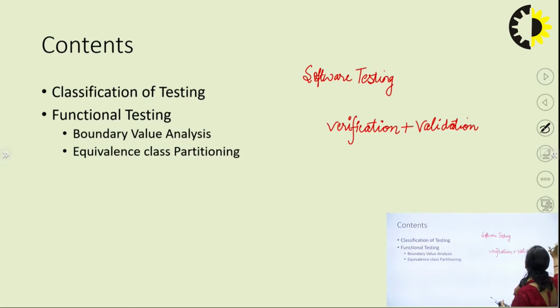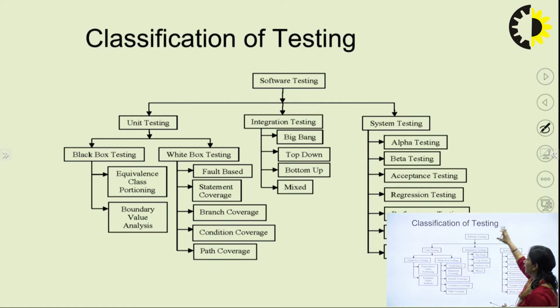Now going to the classification, here is a picture of software testing, combined. We have classified it into the first broad categories: unit testing, integration testing, and system testing. These are the various levels of testing.